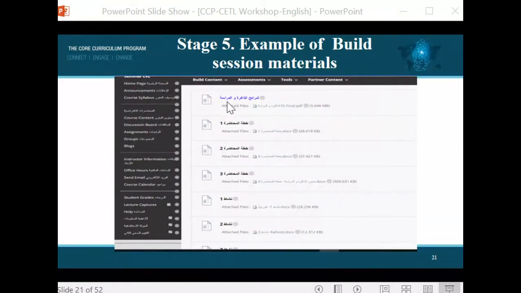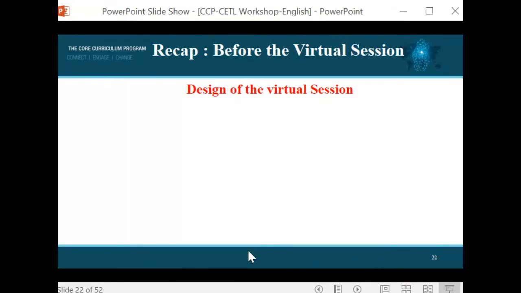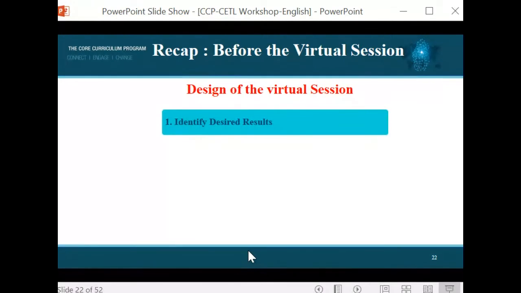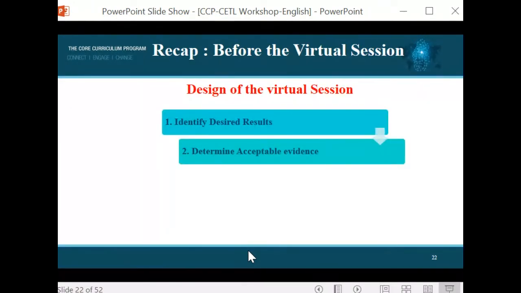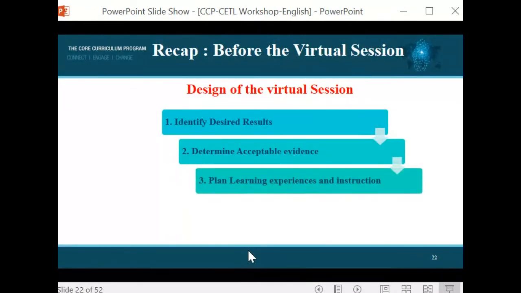We can have all the slides, the videos, the plans of the sessions, all the activities, the relevant documents, etc. So, as a recap before the virtual session, which is the design part, the design of my virtual session includes 5 stages, which are identify desired results, determine acceptable evidence, plan learning experiences and instruction, which are the 3 stages of the backward design.